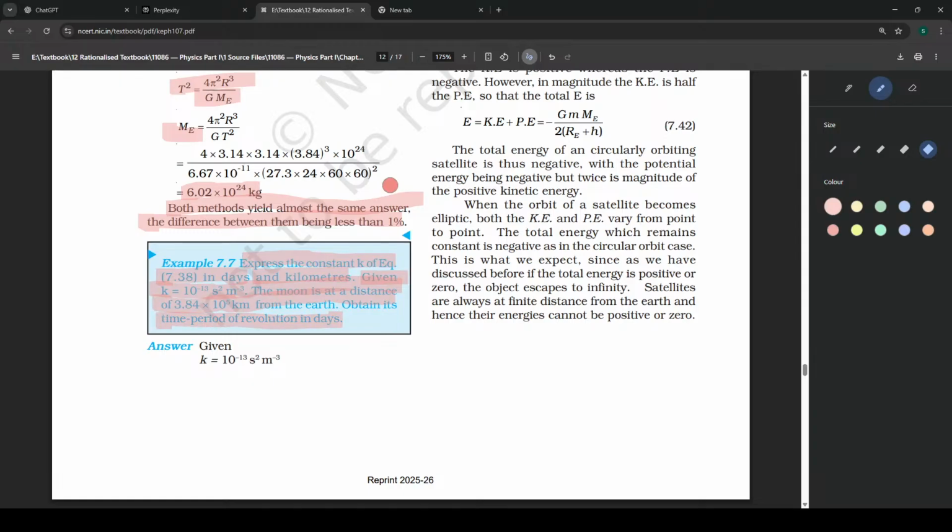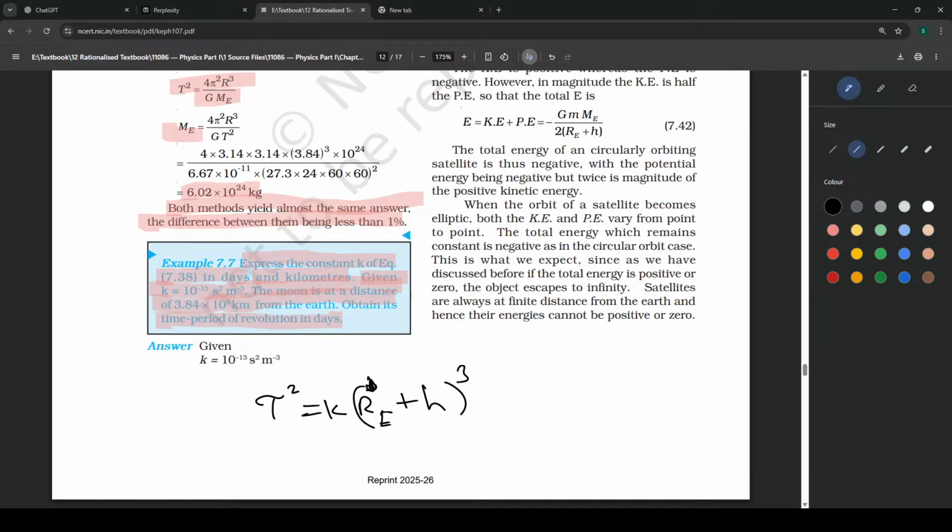Okay, we know the formula: T square equals k into R cube, that is, RE plus h whole cube. They have given us the k value.